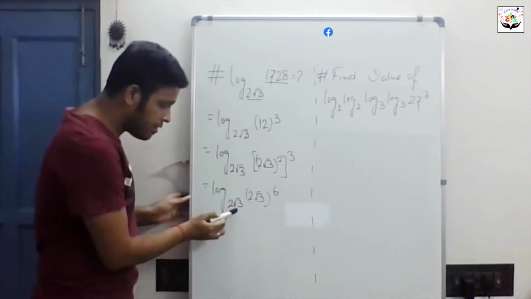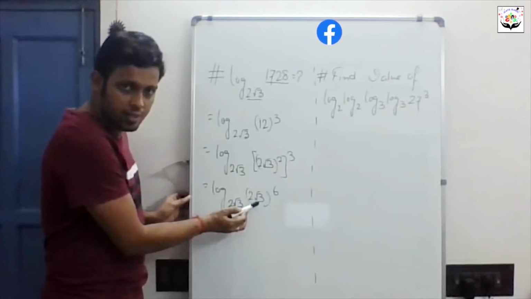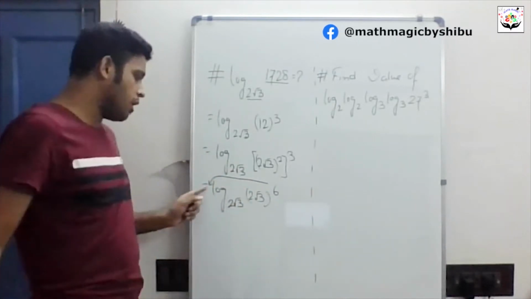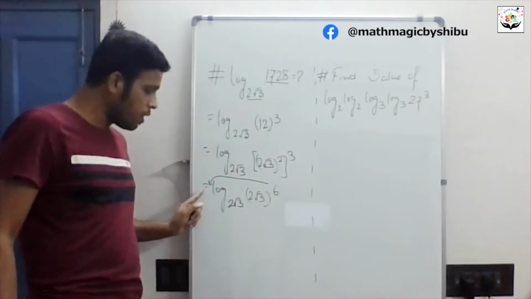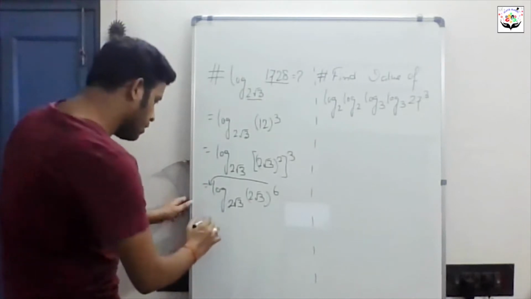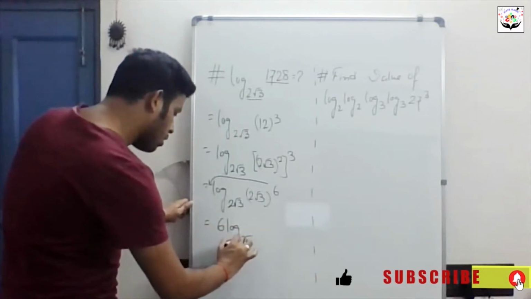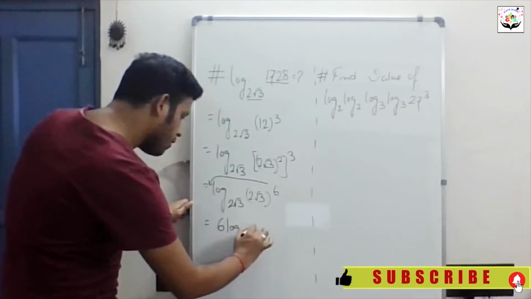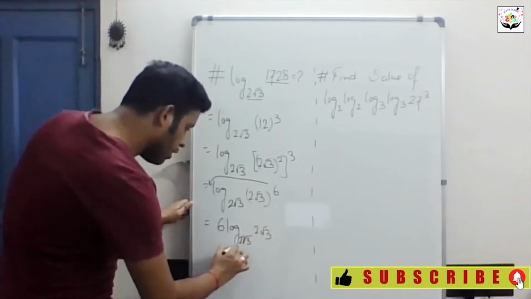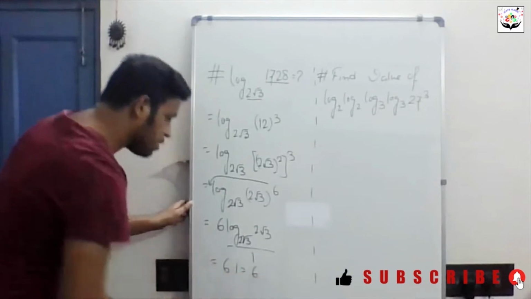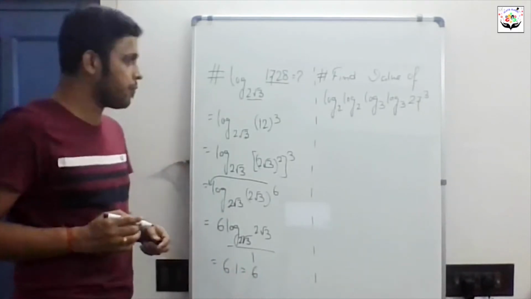And as the base and this part are the same, we can easily bring this into the coefficient. So it is 6 log base 2 root 3 of 2 root 3. We know this part is 1. So 6 into 1 equals 6 will be the answer.